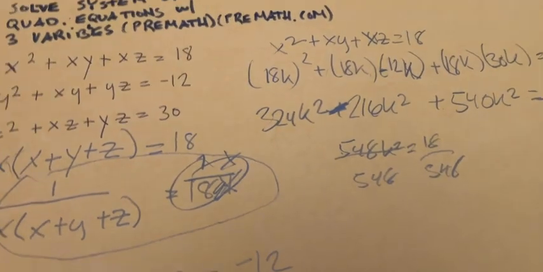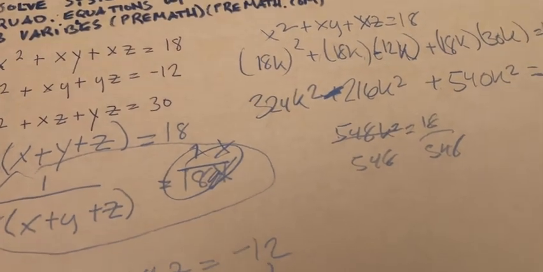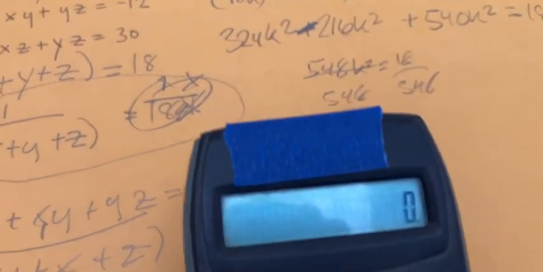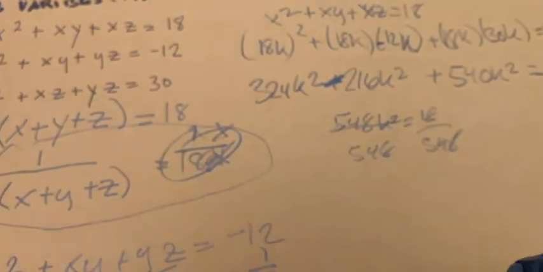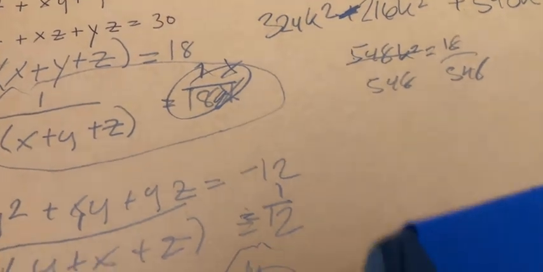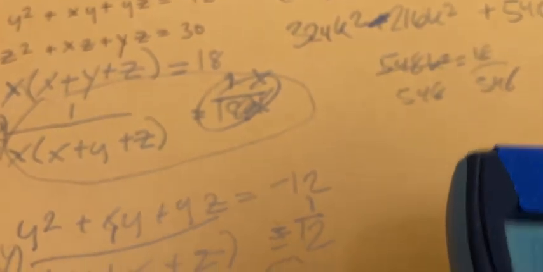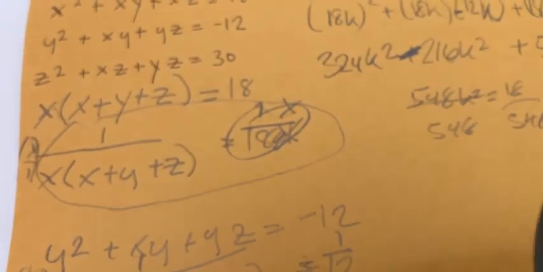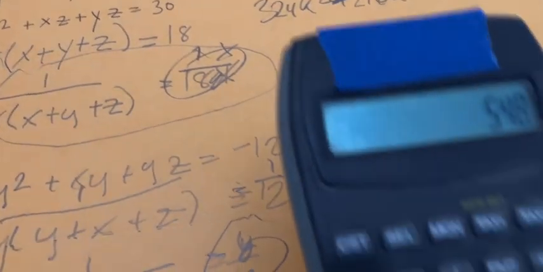Okay, let's see if I got it. See if you got it right. 18 divided by 540 equals, oh, stupid me. 540 divided by 18.